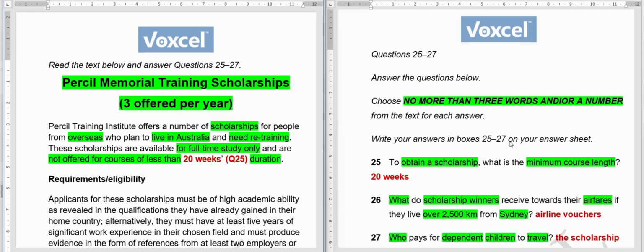I will be more than happy if you do it, so that it will be much clearer to you how to attempt readings.